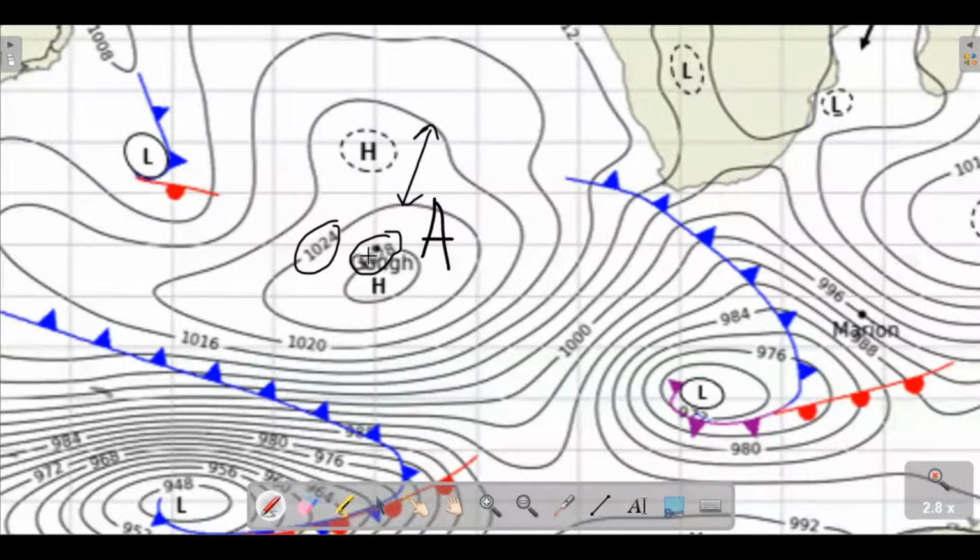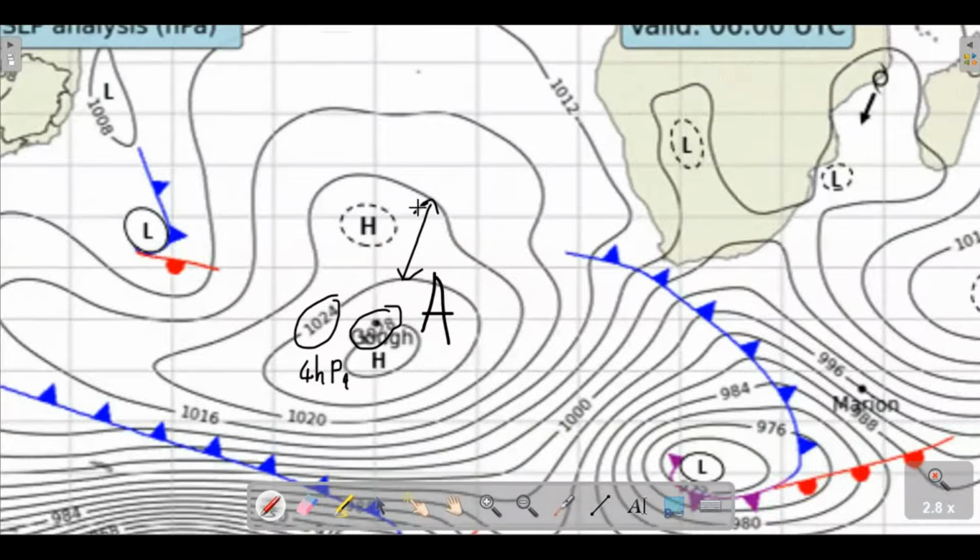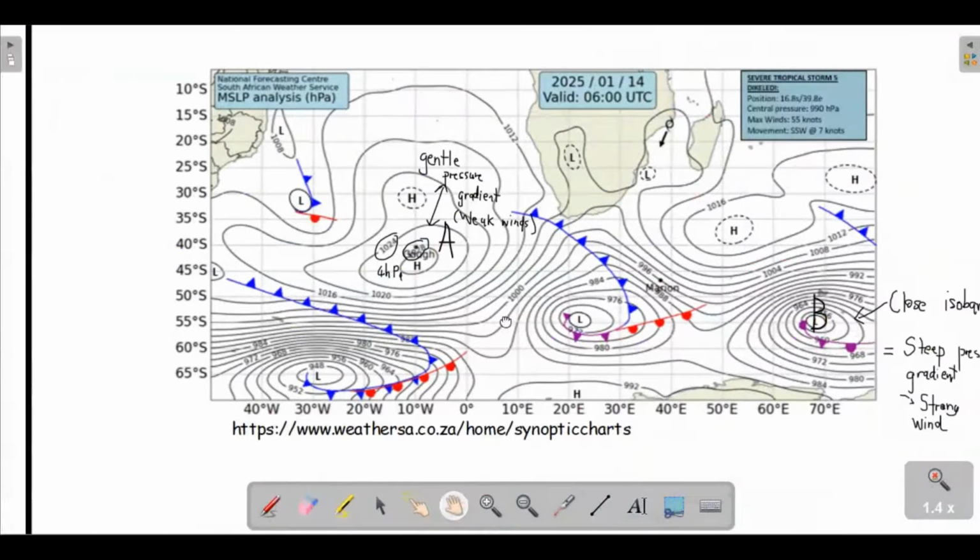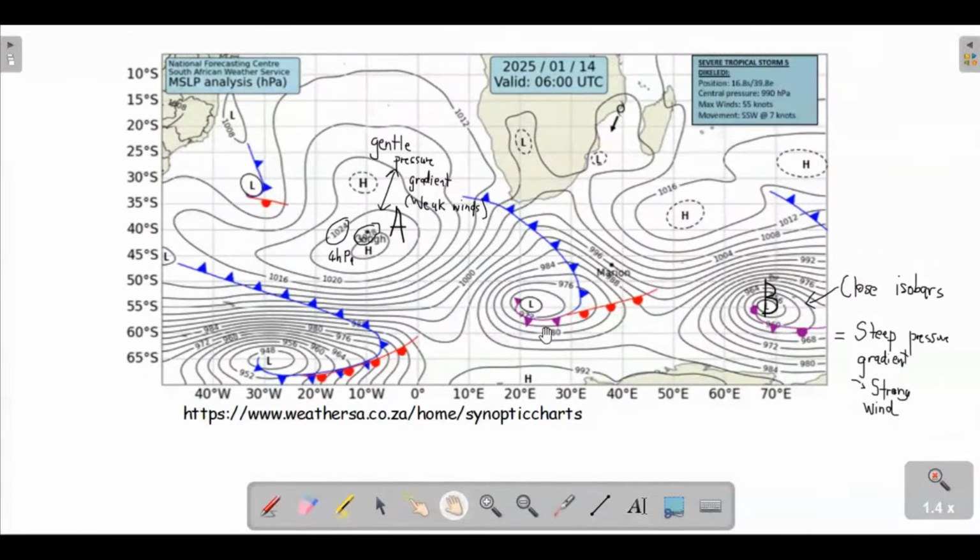So that's a 4 hectopascal isobaric interval there, the difference between consecutive isobaric values. Because the isobars are far apart, this illustrates a gentle pressure gradient, and hence weak winds. The wind speed here must be low. It's a weak pressure gradient force there.